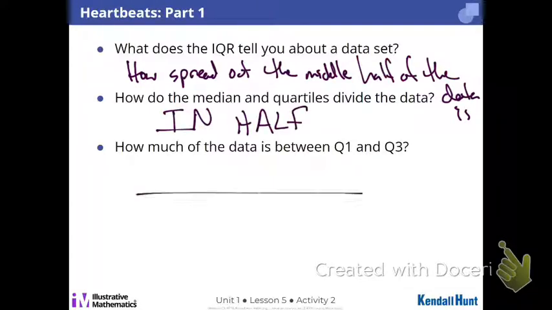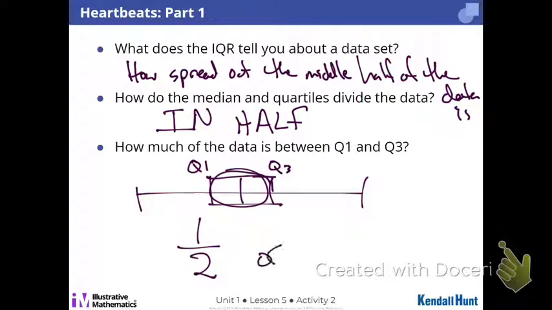So if we have data, we have first quartile and third quartile. We've already talked about how much data is in those two quartiles. How much data is in there? Half, or 50%. It's 2 of the 4 quartiles, and it's the middle half. We're talking about middle, central.